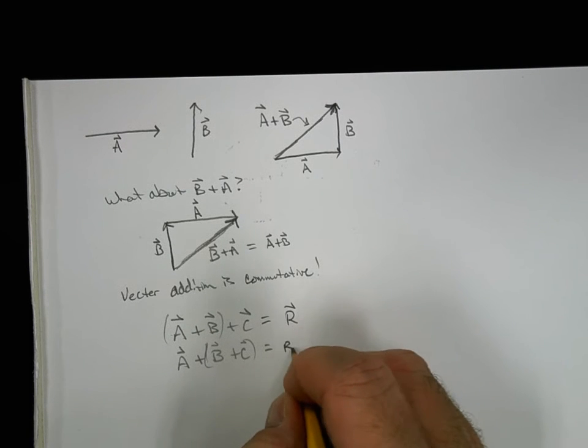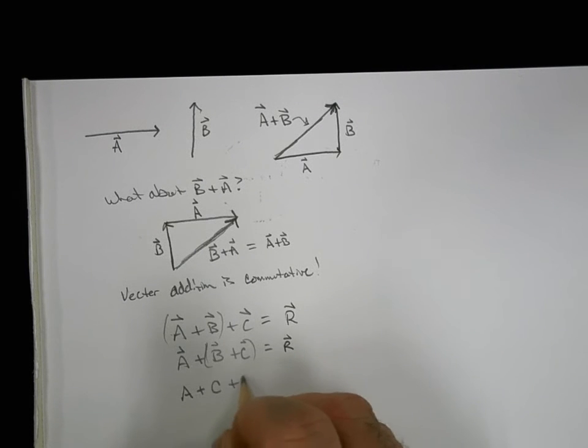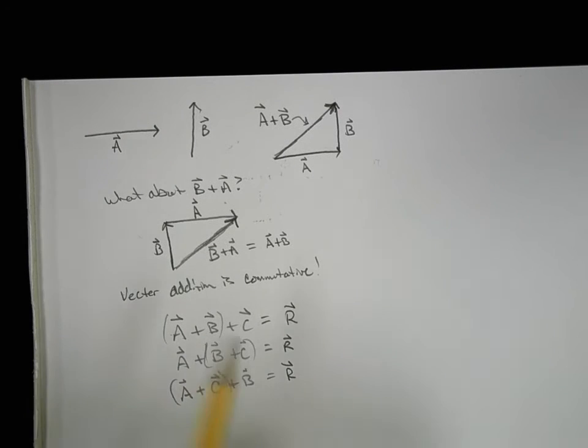And a plus c plus b, if we add a and c together and leave out b, will also equal r. There's no difference there, so they are also commutative in that regard too.